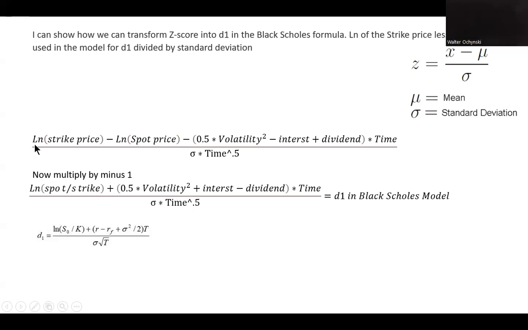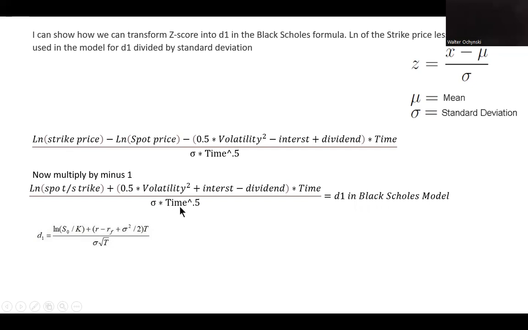So after I multiplied this equation with minus 1, I have now the logarithm of spot price divided by strike price, plus, since I multiplied everything with minus, I have the plus 0.5 times volatility squared plus interest minus dividend, everything multiplied with time and divided by sigma times square root of time.